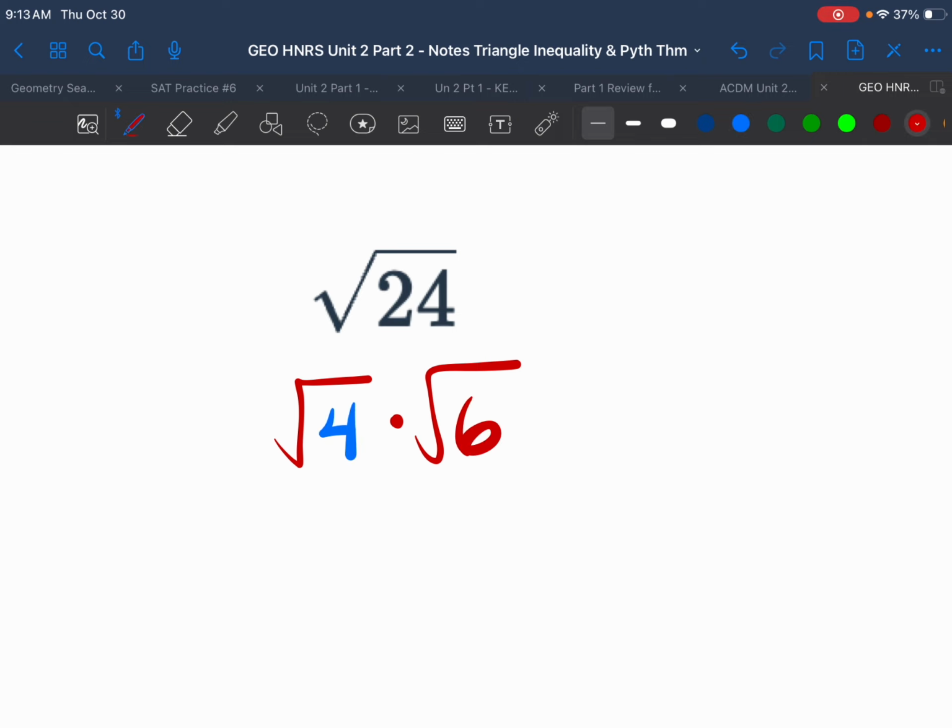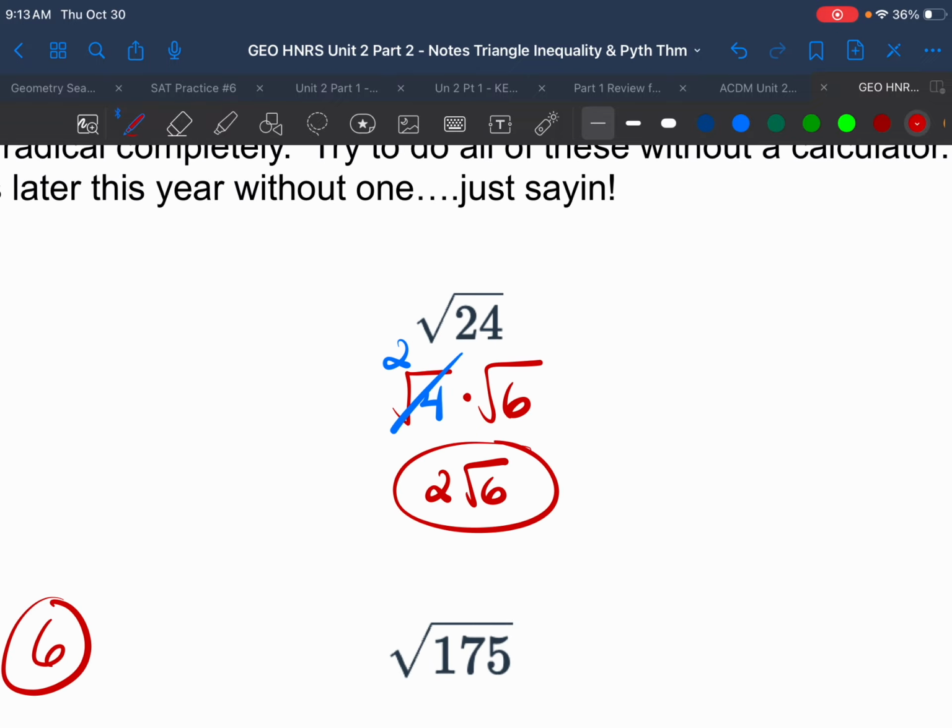I'm putting 4 in blue for a very good reason, because that's a perfect square. That's what we want. The square root of 4 is 2, and I'm crossing off the square root symbol so I don't write it anymore. Once you take the square root, that symbol is gone. So our final answer here would be 2 radical 6. I'm going to leave that circled.